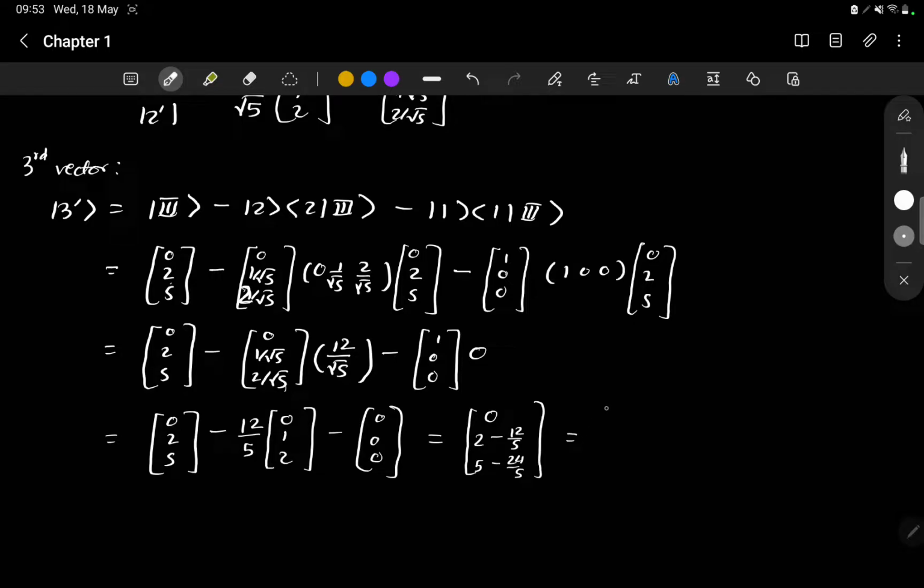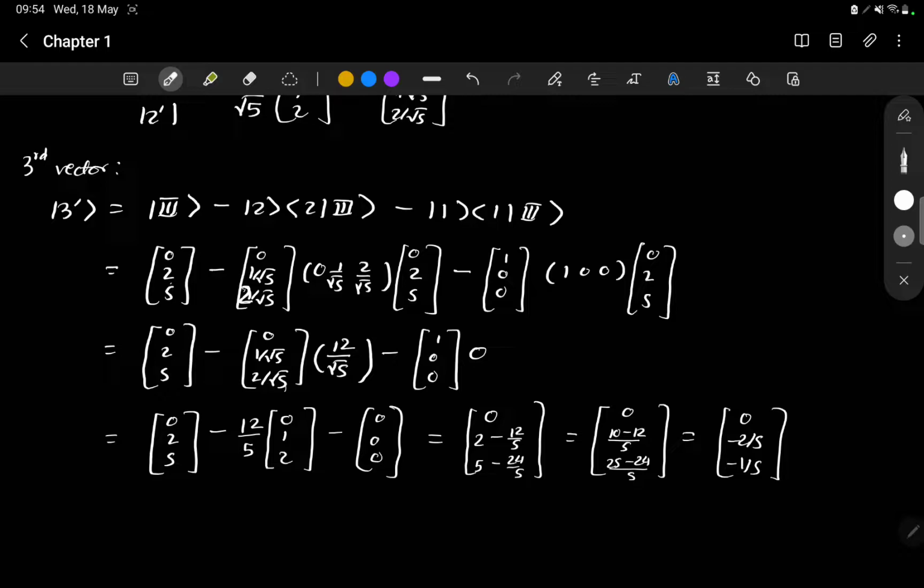So let us simplify this: 0, 10 minus 12 by 5, and 25 minus 24 by 5. This gives us 0, minus 2 by 5, and 1 by 5. This is what we get.